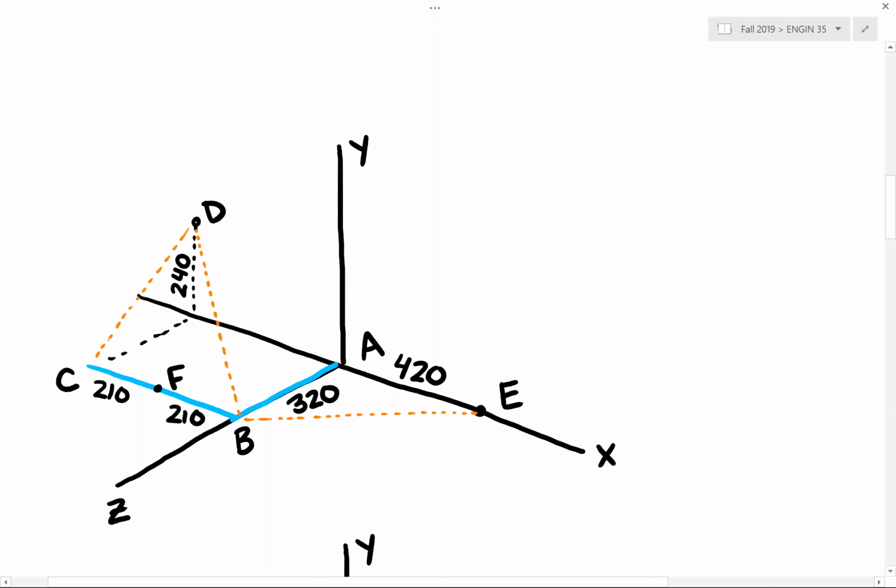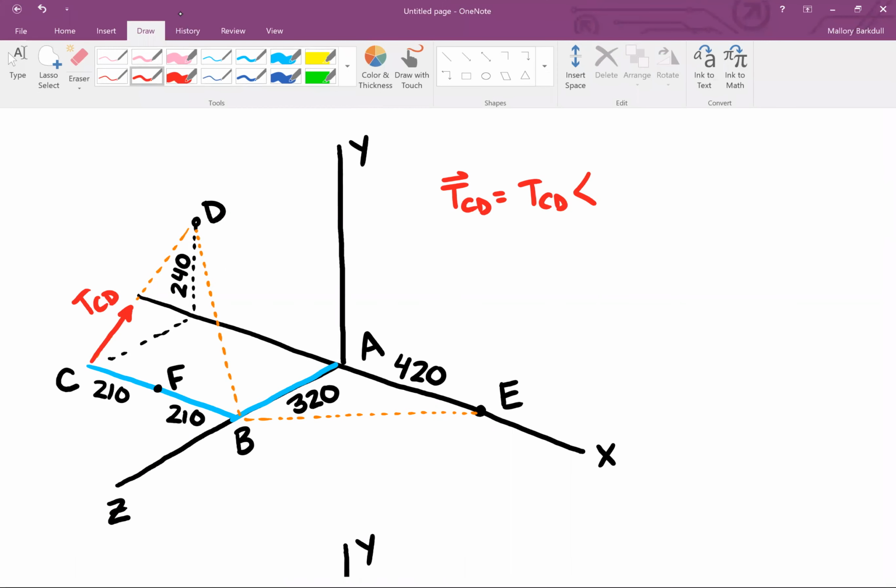Let's start with that cable TCD. So the vector TCD is going to be the magnitude of the tension in the cable, which is TCD, times the distance that I go in each direction.